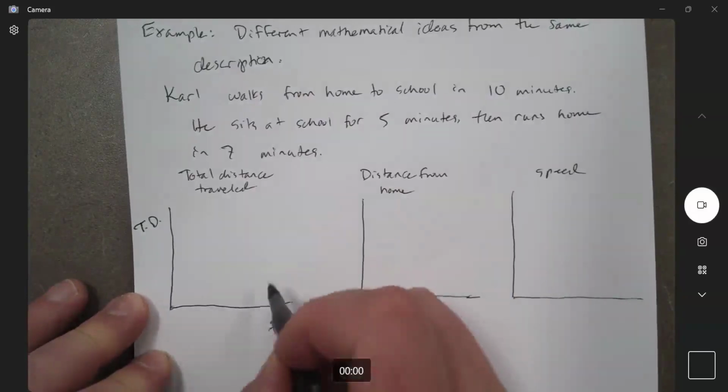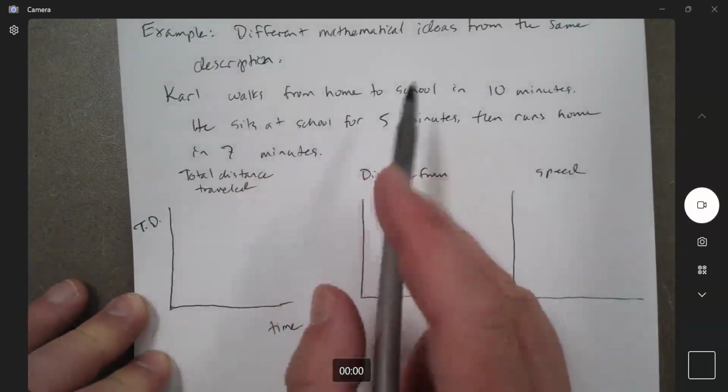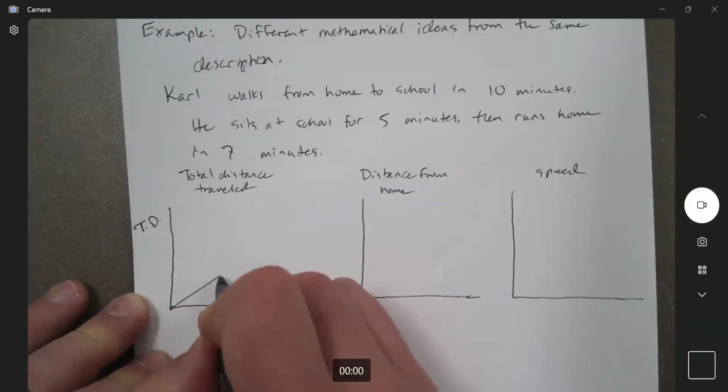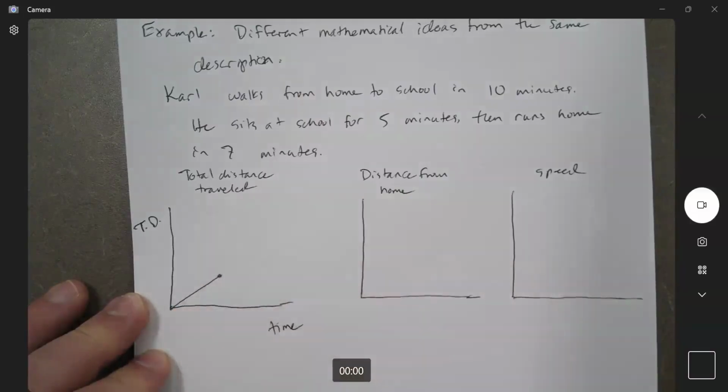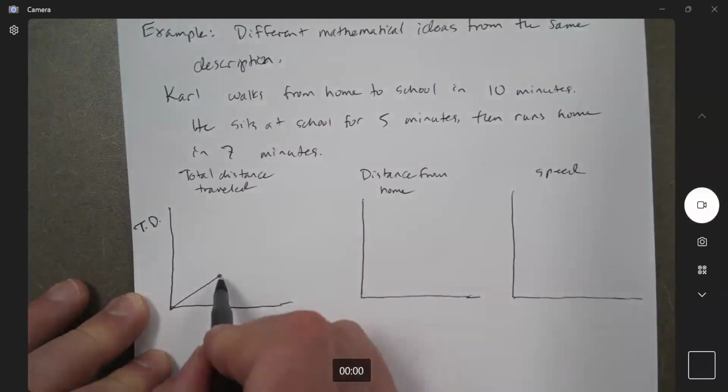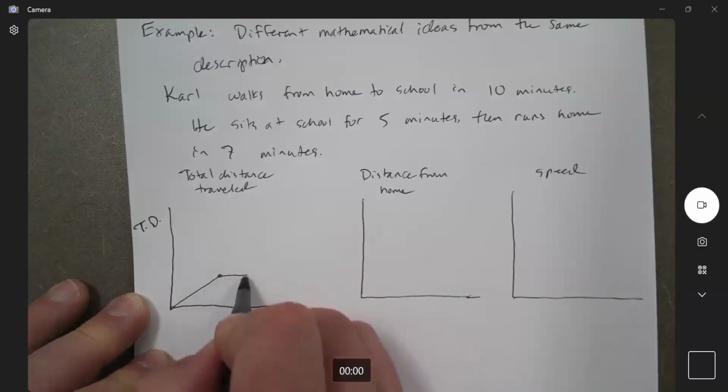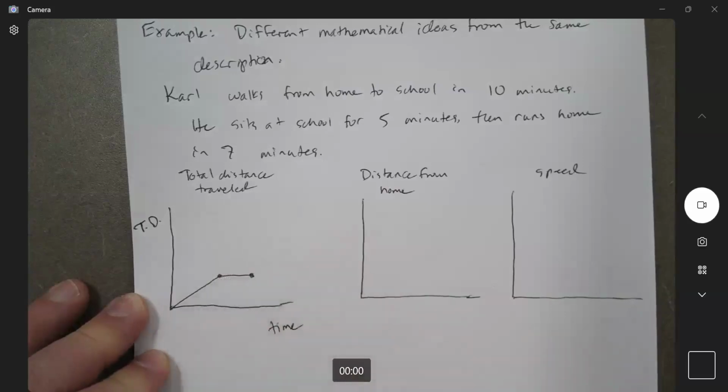Okay, so Carl walks from home to school in 10 minutes, so he gets maybe that far. And then he sits at school for 5 minutes. So is Carl accumulating any distance? Nope. So he's going to stay at that level of accumulation for 5 minutes. And then he runs home in 7 minutes.